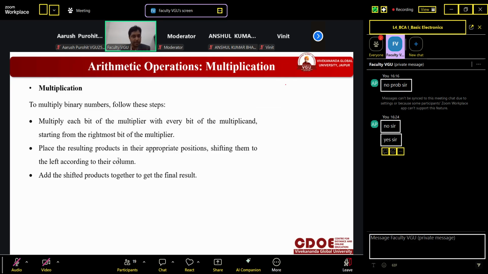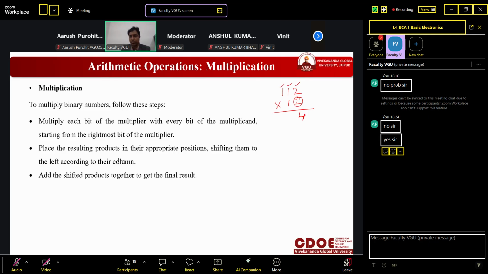Now the multiplication. What do we do in multiplication? If I ask you 12 into 2, you have to multiply. You take the first number, multiply with all these numbers, right?